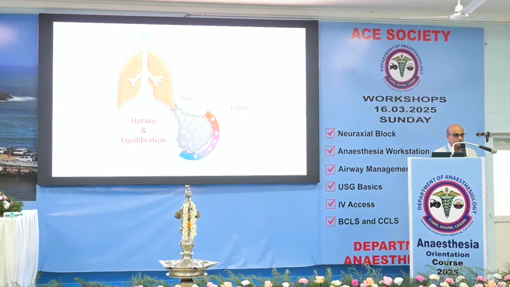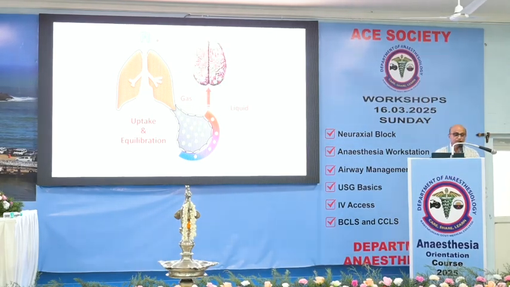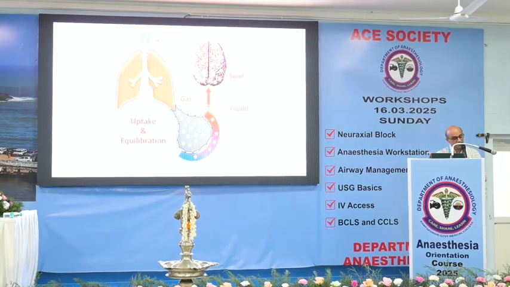So the molecules now have to diffuse across from the alveoli into the blood. So that is where it is coming into the liquid phase. And with the help of cardiac output, it is now going to go into the brain, right? And there also we have the tissue-blood partition coefficient. So from blood, it has to go across into the brain to produce a desired effect.